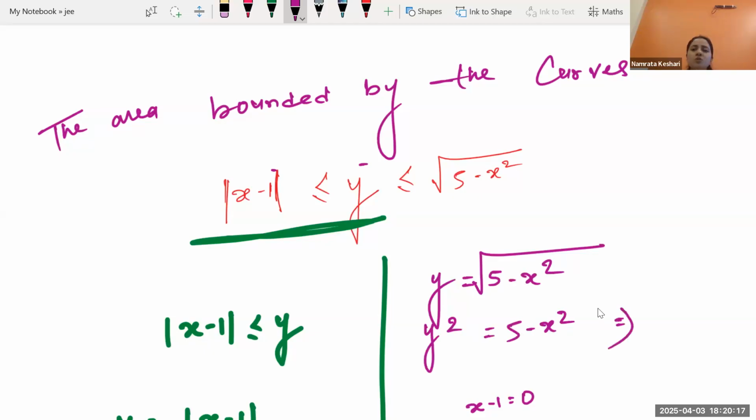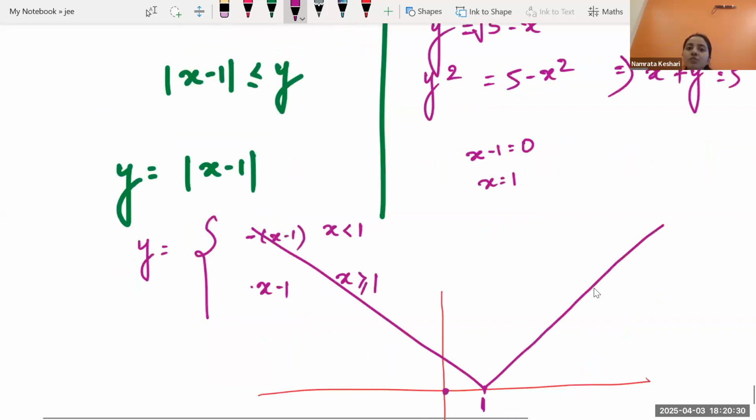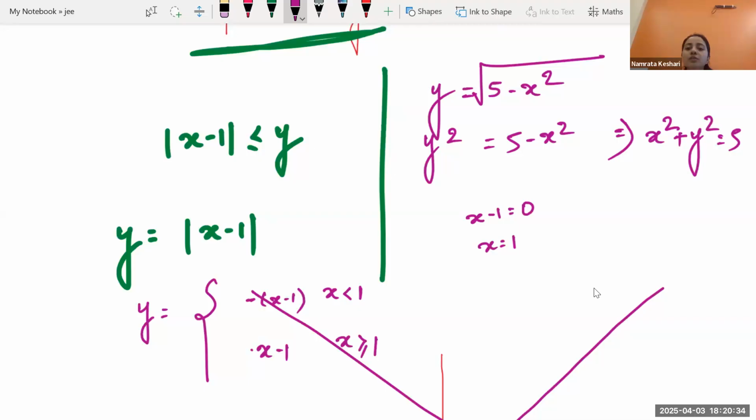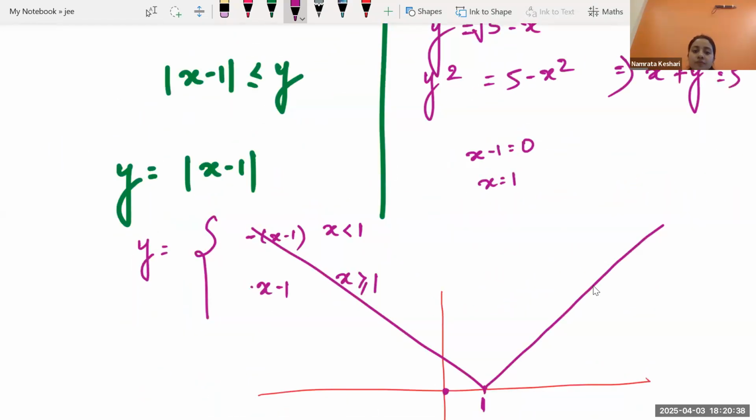That looks like the equation of a circle, right? x square plus y square equals 5. It is the equation of a circle having radius root 5 and center at the origin, right, Meera and Upasna? So this is how our circle will look.